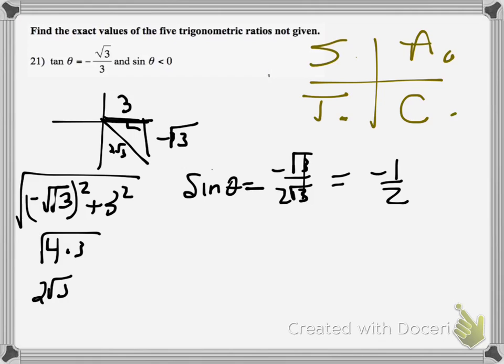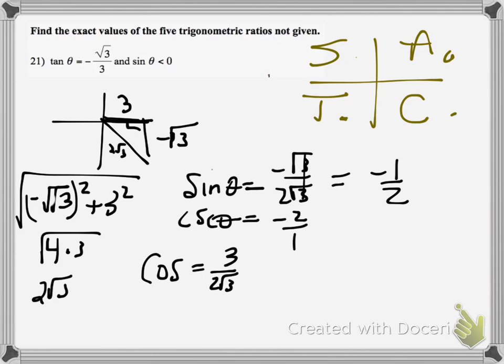And then right away I'm going to do the cosecant, just because it's the reciprocal, so negative 2 over 1. You've got cosine. Cosine is going to be a 3 over a 2 radical 3. You have to rationalize that denominator, so it's actually a 3 radical 3 over a 2 times a 3, which is a 6. So you get a radical 3 over 2.